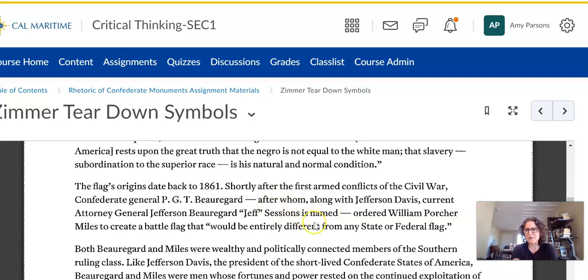This is just a weird, cheap shot. First of all, this is the genetic fallacy. Jeff Sessions, it's not his fault that he was named after Jefferson Davis and this other Confederate general. Even if that's true, that doesn't make him a bad guy.